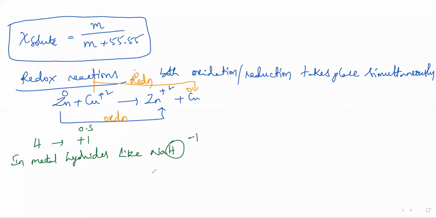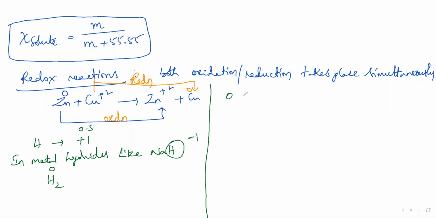So in metal hydrides hydrogen exhibits -1, and in its general state it is +1. If it is present in its elemental form, the oxidation state is 0. When any element is present in its elemental form, its oxidation state will be 0. So this is about hydrogen.